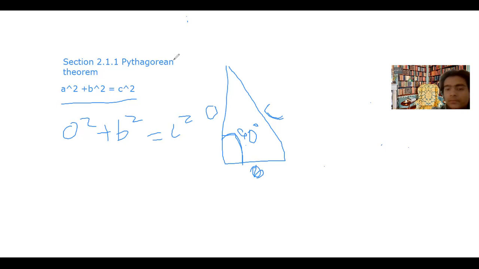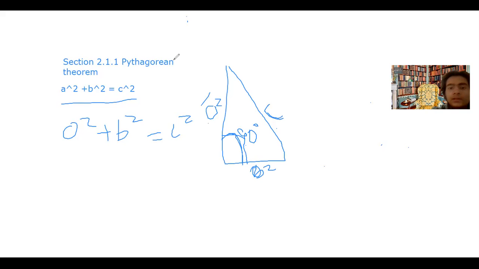But always remember that opposite to the 90-degree angle, it's always C. You have to remember this. It's the key important thing in Pythagoras, the whole term is based on it. So Pythagoras theorem says that A squared and B squared will be equal to C squared.